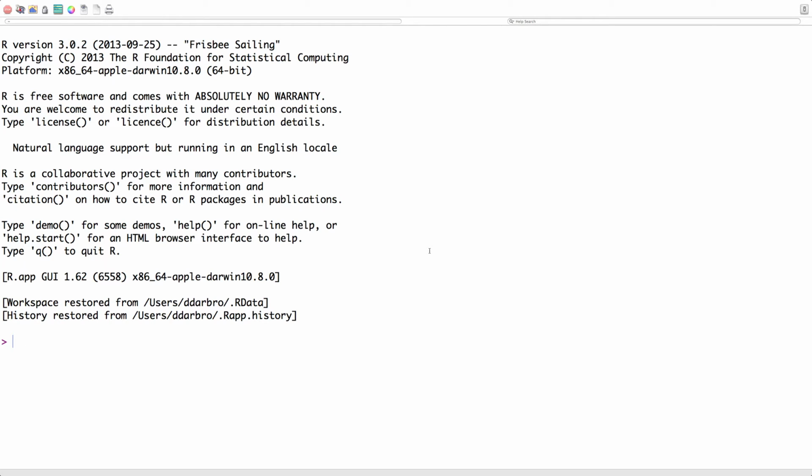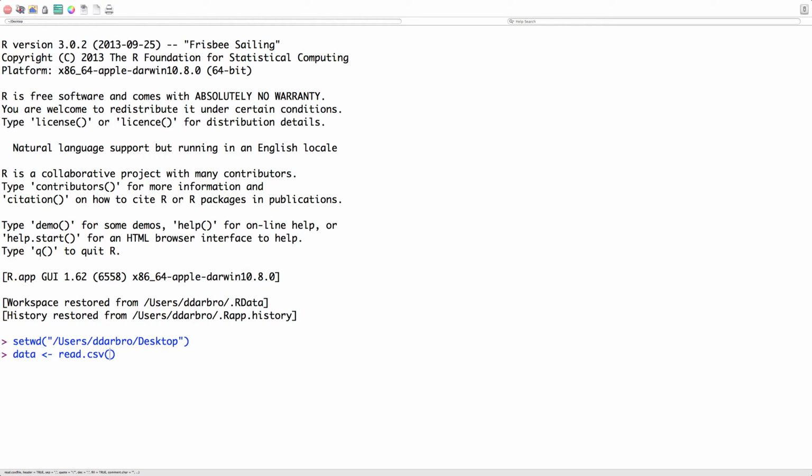Okay, now let's run one of these. So I'm going to just use the same data set that we've been using. I'm just going to call it data and read.csv.